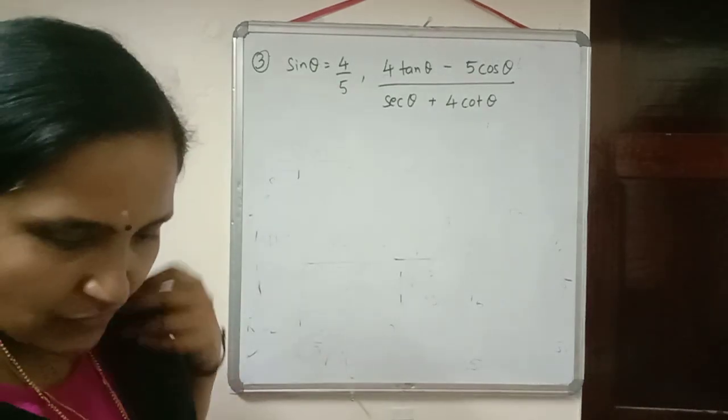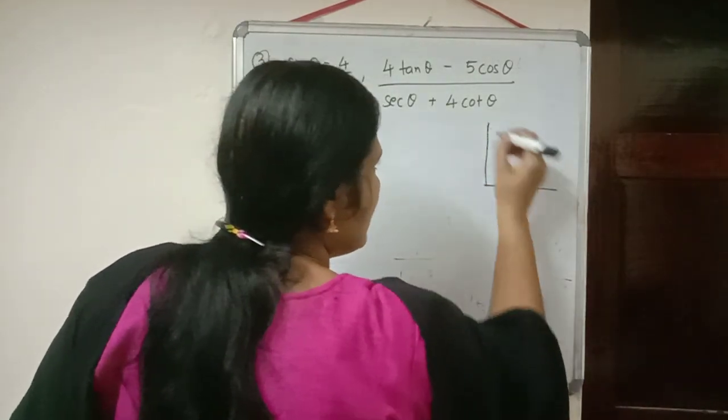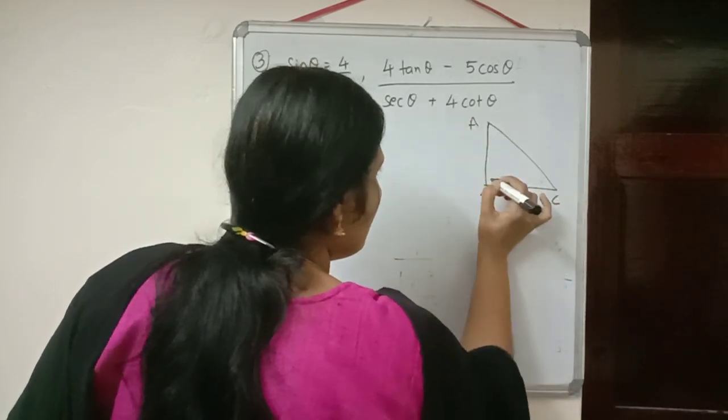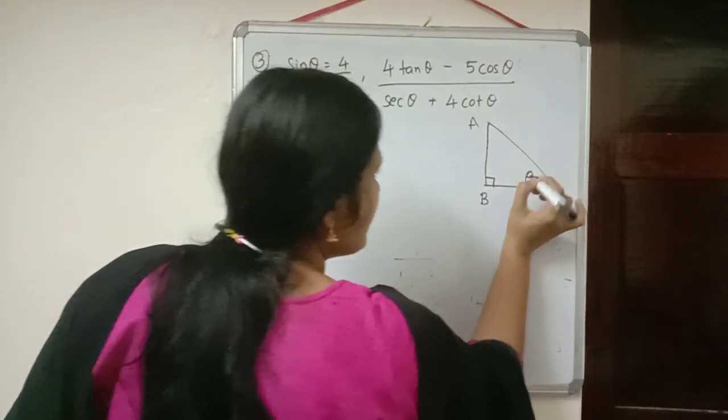So again, first what will we do? We will draw a right triangle. So we have drawn a right triangle ABC, angle B 90 degree. This one, angle C we can mark as theta.